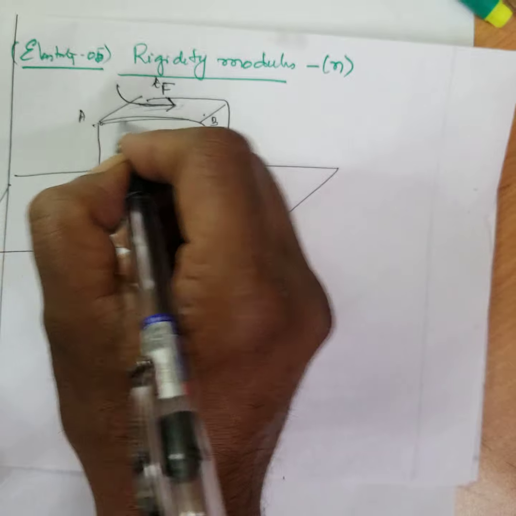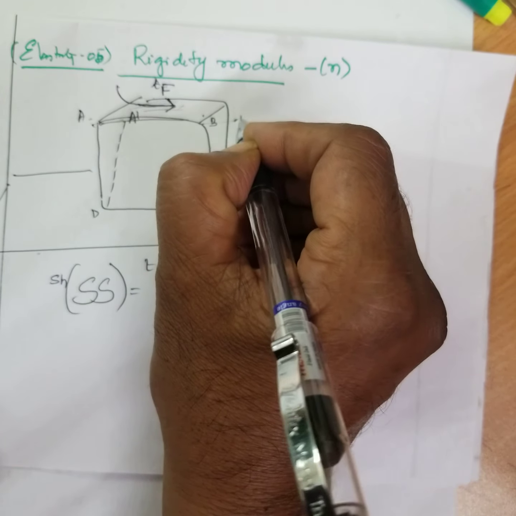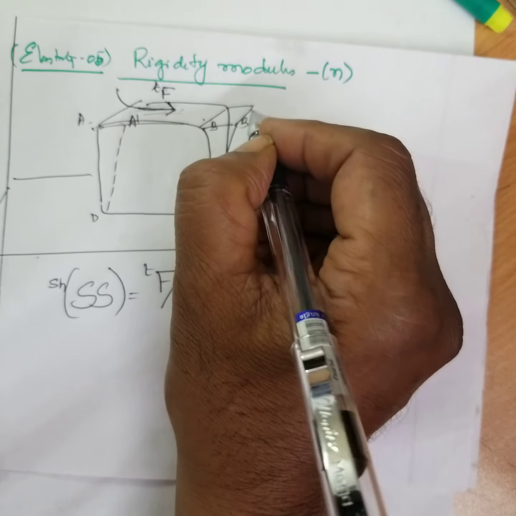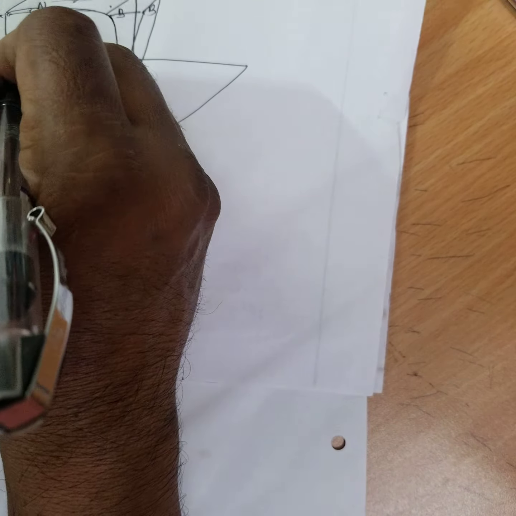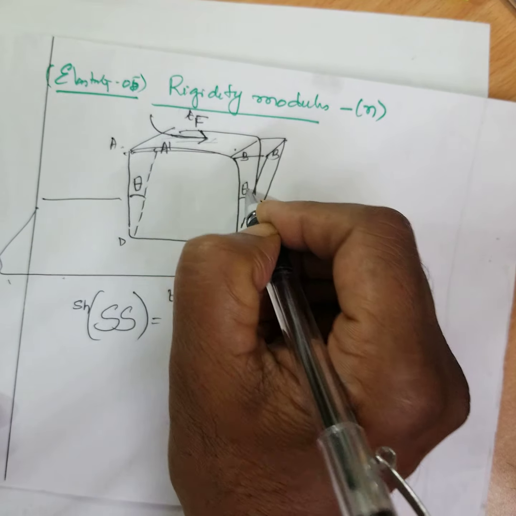This portion, A changes to A dash, B changes to B dash. There is a deformation. Previously it was like a rectangle, and theta is the angle of deflection.